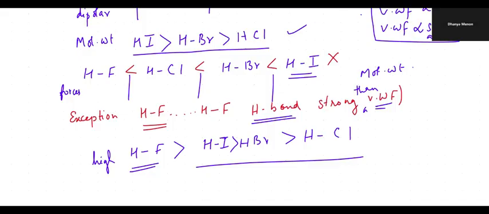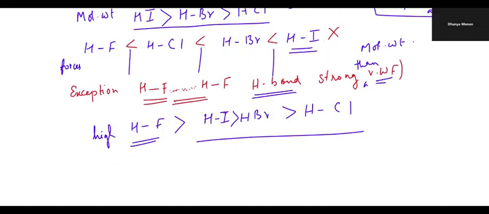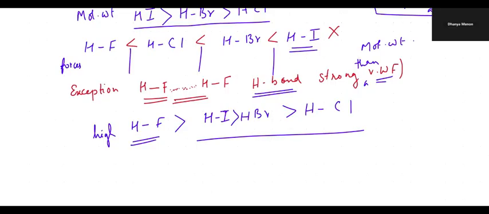Okay, sorry, the hydrogen bond I drew is wrong. So this is the reason for the discrepancy of hydrogen fluoride. There is strong hydrogen bond in the hydrogen fluoride molecule, so it has the highest van der Waals force.